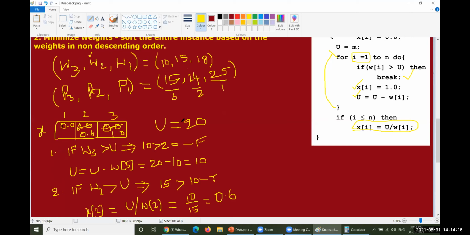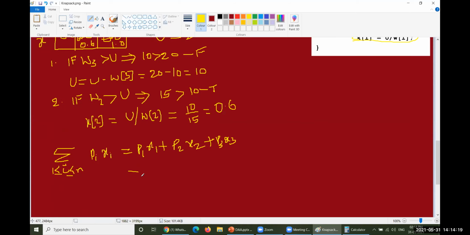The first item is 25. So let us consider 0 into 25, plus 0.6 into 24, plus 1 into 50.